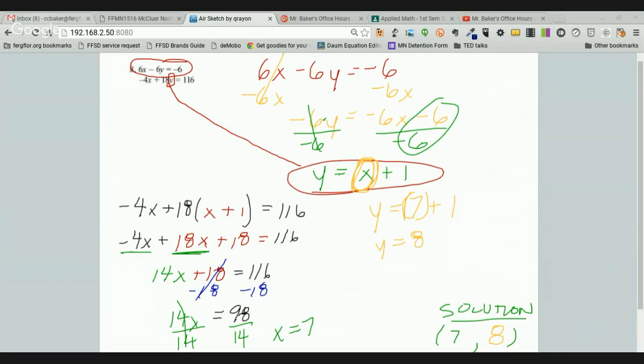So let's wrap up just with a little chart kind of reminding you of what's already in your systems booklet that we made in class, of just which methods to use at which times.